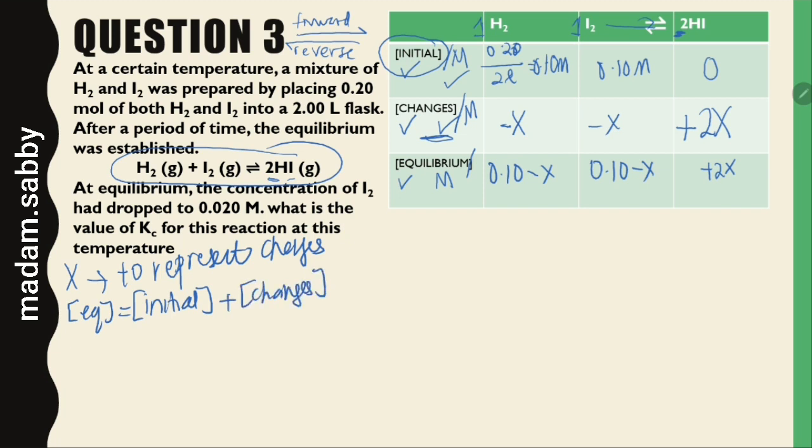The question says that at equilibrium the concentration of iodine has dropped to 0.020 molar. Dropped to means the final concentration is 0.020 molar. So what is the value of Kc for this reaction at this temperature? First you need to calculate the value of X. So 0.10 minus X equals 0.020 molar.